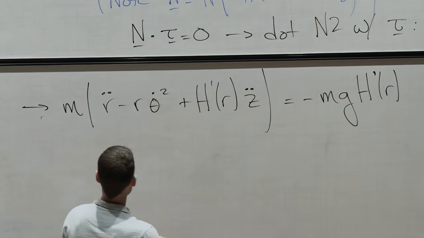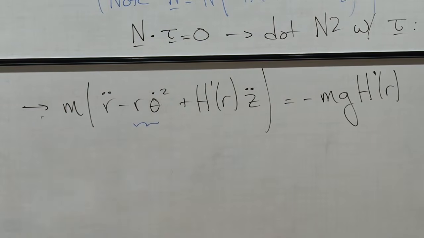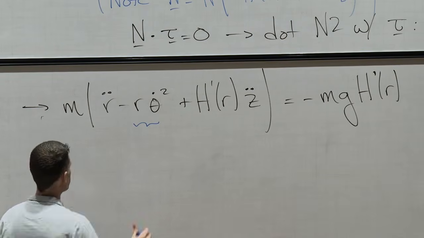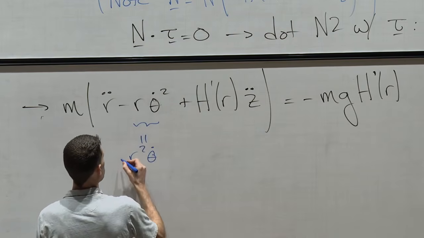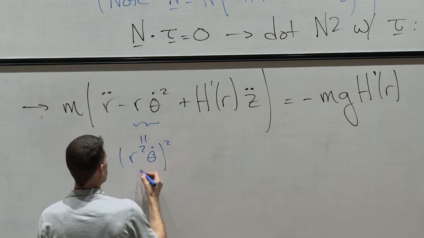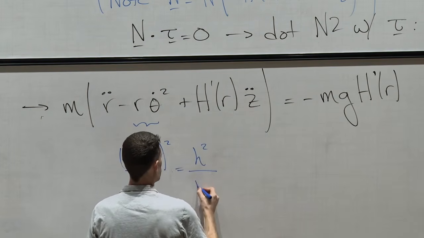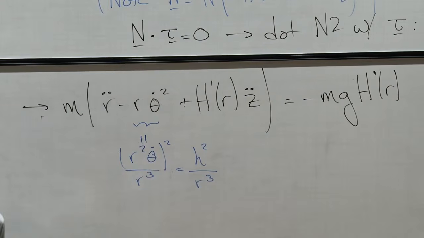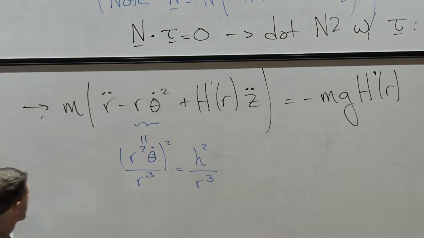So I can look at this as r squared theta dot squared divided by r cubed, which is h squared over r cubed, which means I've gotten rid of the theta, and that h I work out from whatever my initial conditions are.